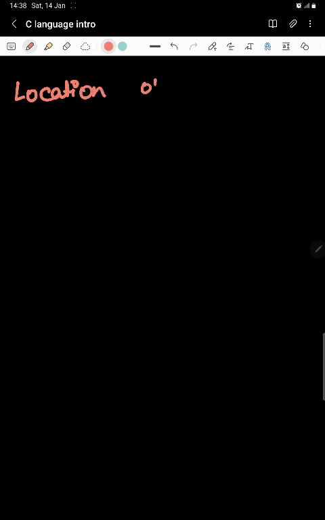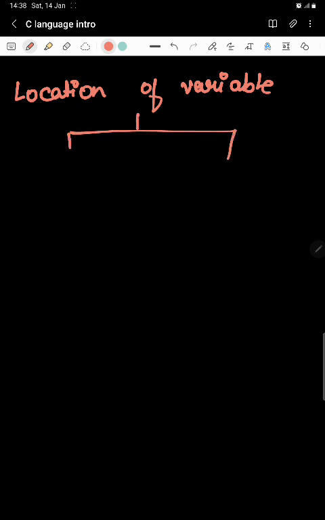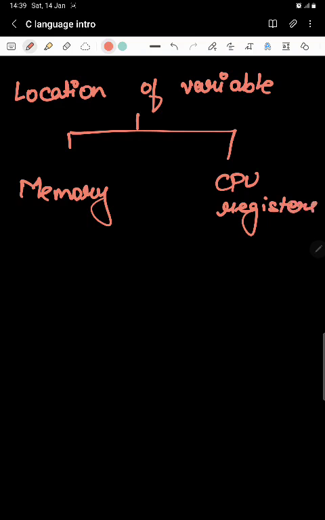As we know, a variable can be stored either in the memory or in the CPU registers, right? So in memory or in CPU registers. Now, as I said, storage class not only determines the location, it also determines some other properties as well. So let's look at the other things too.